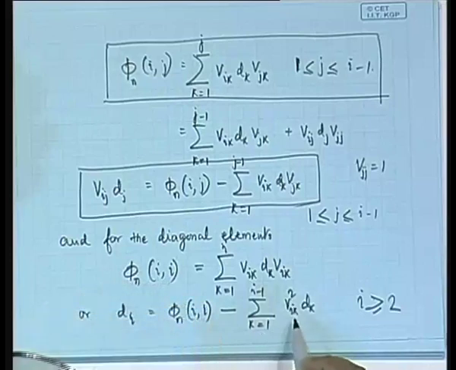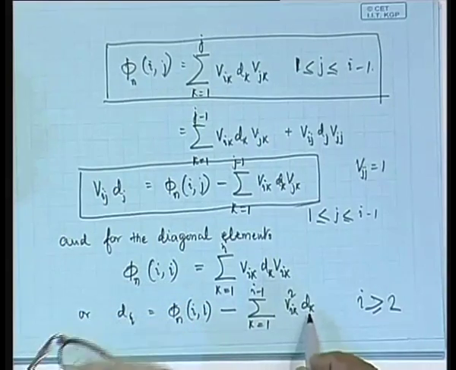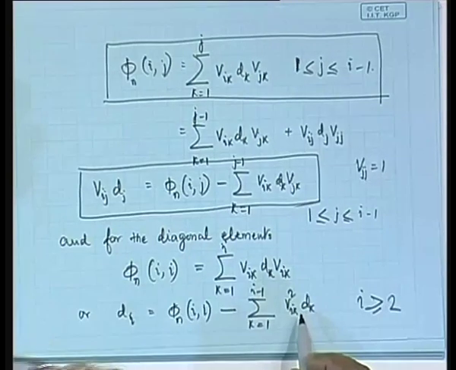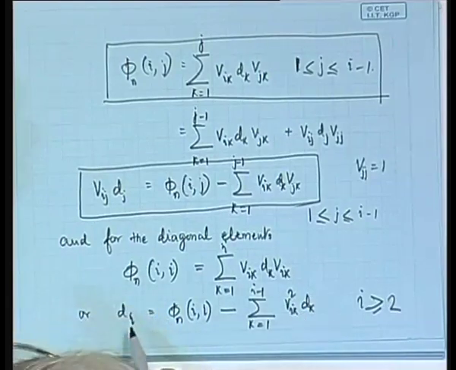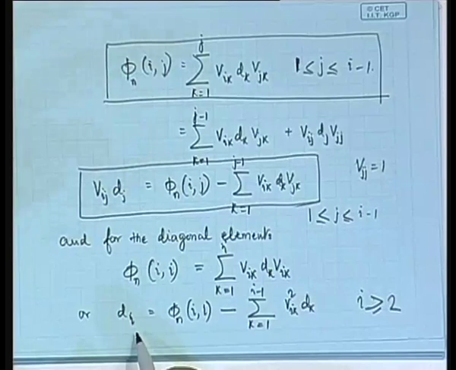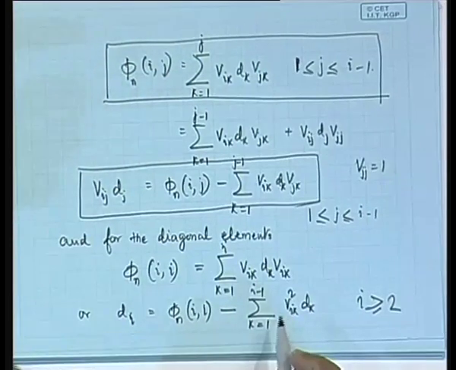So with k is equal to 1, only the d1 term will be required, and d1 is already known to us. d1 is nothing but phi n 1 1, right.